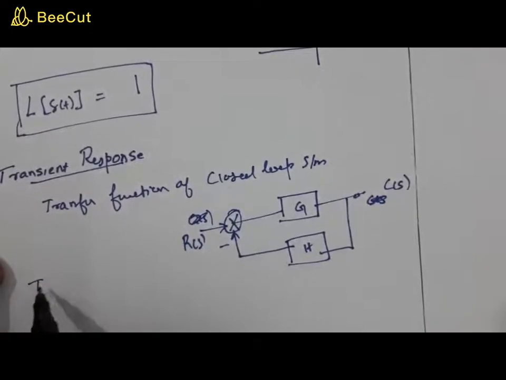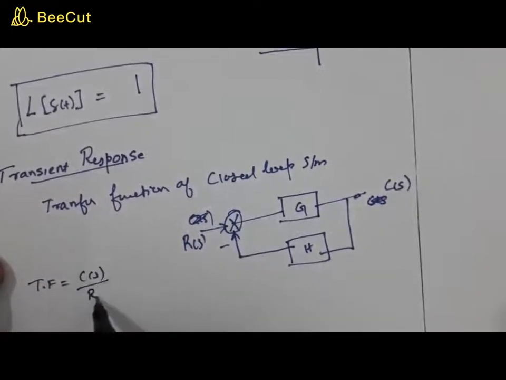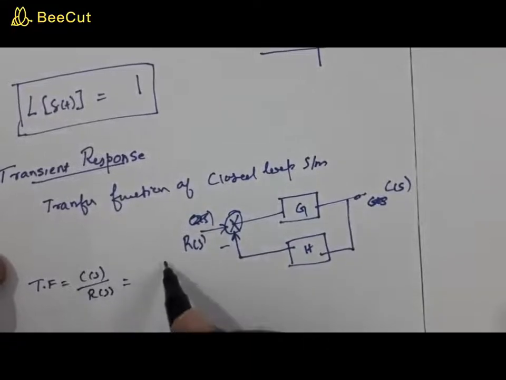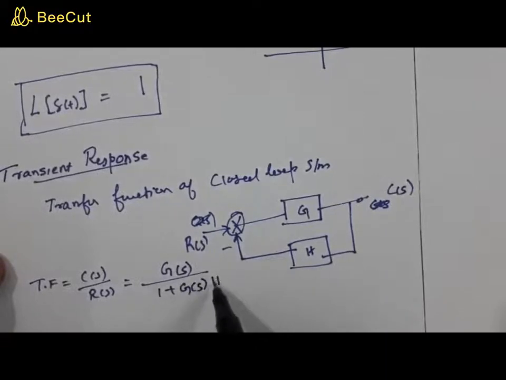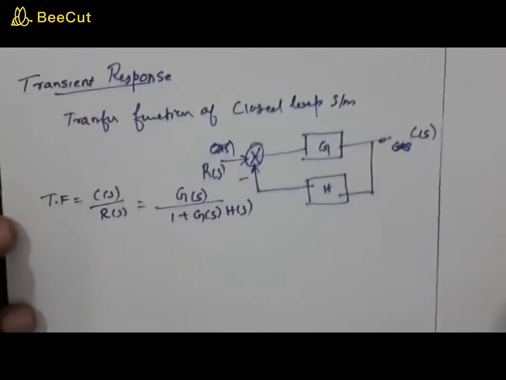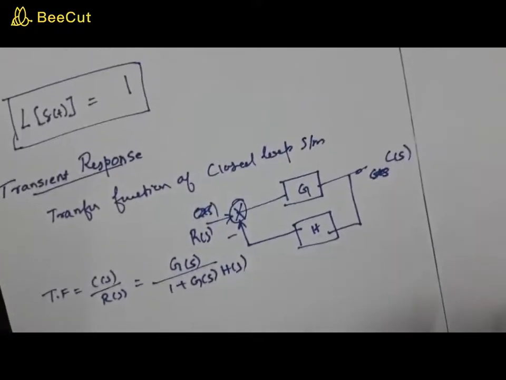We know the transfer function, C of S by R of S, is equal to G of S by 1 plus G of S H of S. So this is the transfer function of a system.